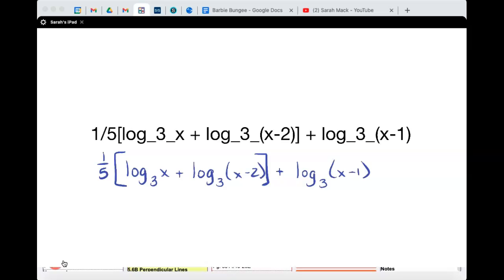The first one, yes, I can move the 1/5 up. Yeah, it's going to go outside of the bracket. So log base 3 of x plus log base 3 of x minus 2 bracket to 1/5.